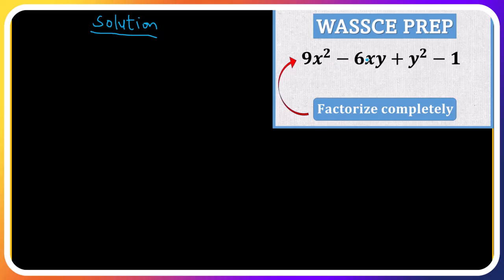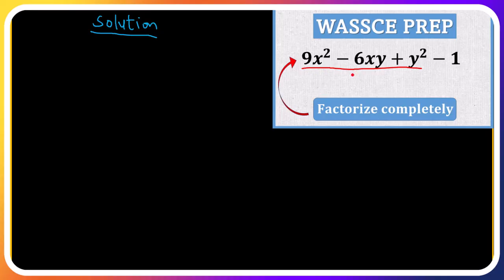From our given expression, we are to note that the first three terms of the expression form a perfect square trinomial. So we have three terms, 1, 2, 3, and the highest order of magnitude in terms of power is 2.